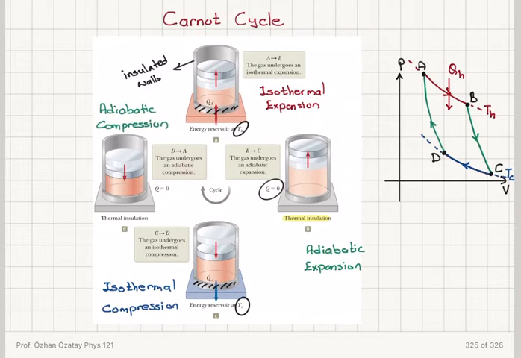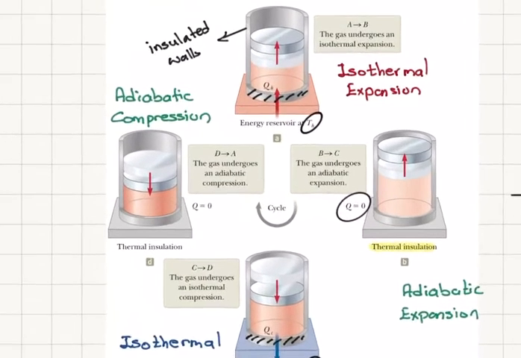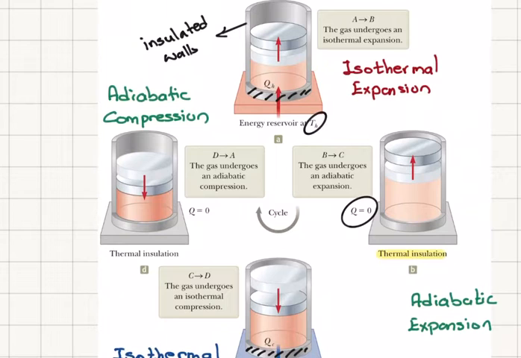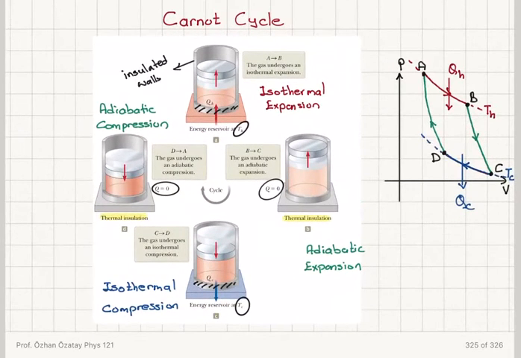So this is the point where we are releasing heat to the cold reservoir, and then the process is finished by a final adiabatic compression step, where again we have thermal insulation, and therefore we don't see any heat exchange with the environment. Alright, so that completes the process.